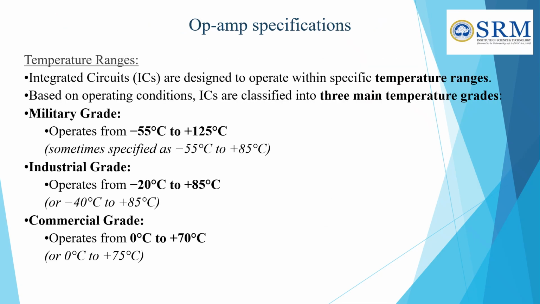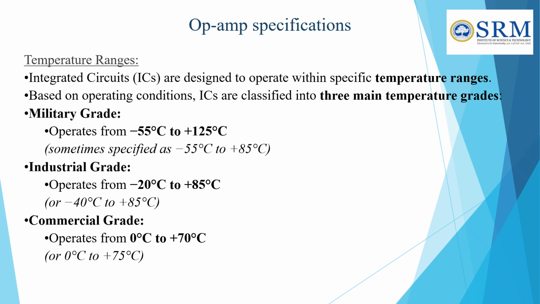Op-amp specifications. All ICs, including op-amps, are designed to work within certain temperature limits. Temperature affects performance, reliability, and lifespan of electronic components. ICs are broadly classified into three categories based on where they are used.